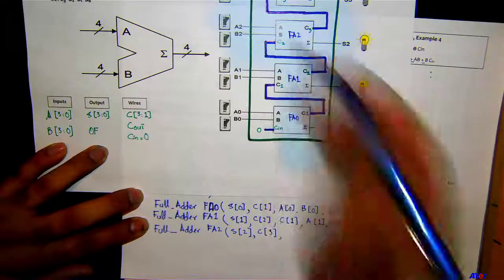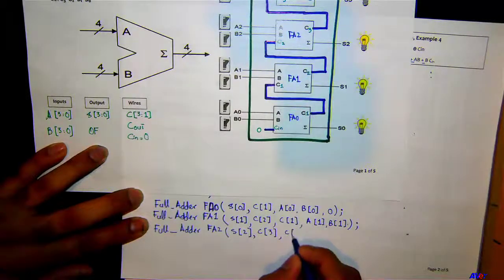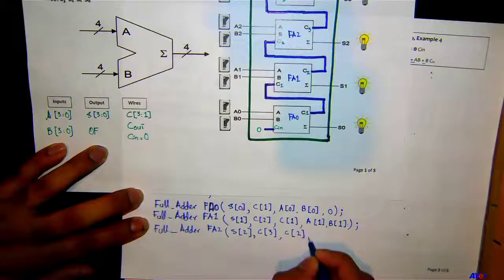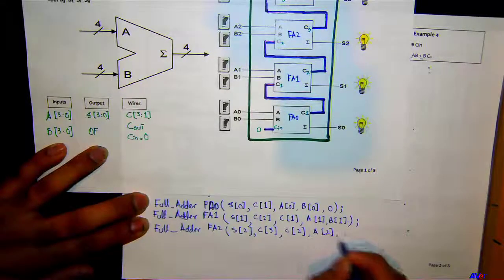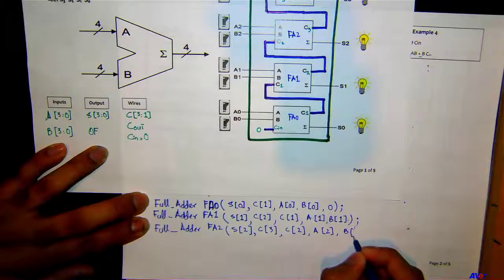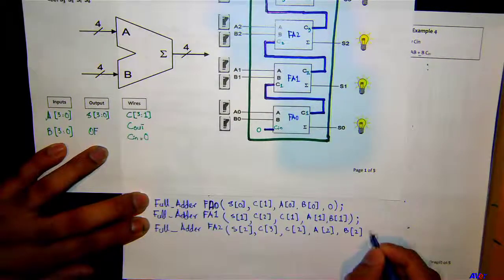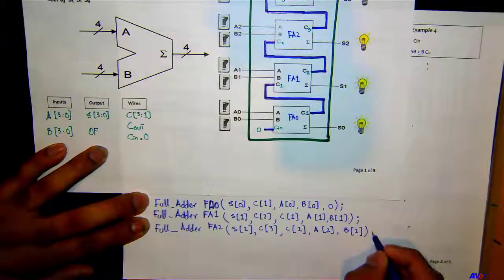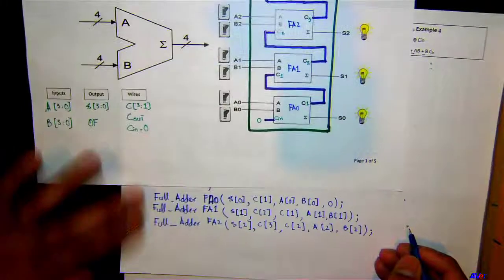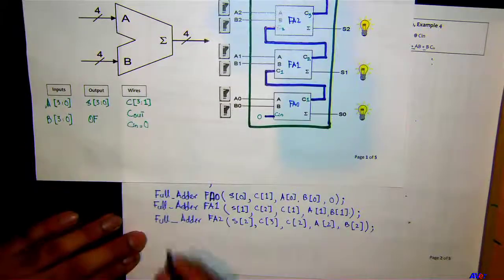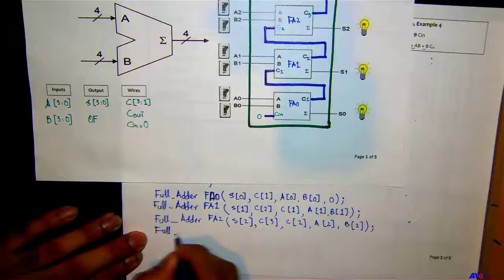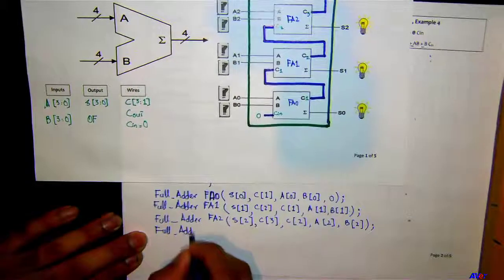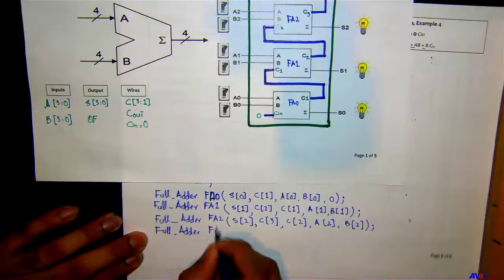And the inputs are C2, A2 and B2. Bracket open. Make sure you have semicolons and also close the brackets. And the last one right here, full adder FA3.